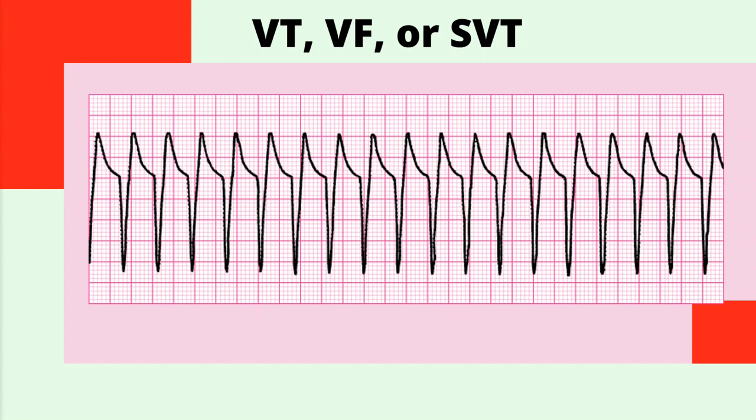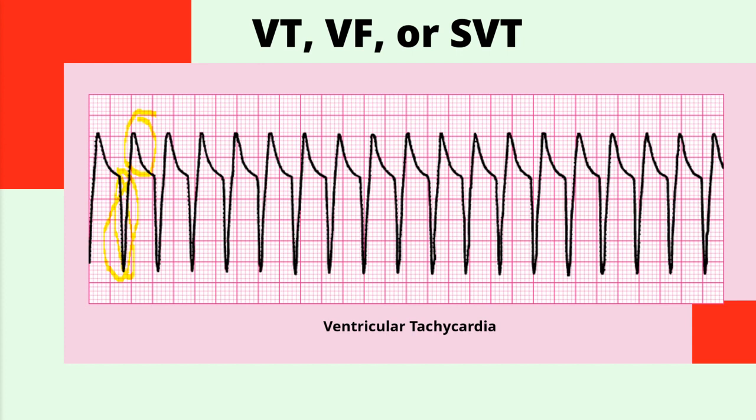But when you look at the shapes of this QRS complex, it is 100% going in one direction. It's just an S wave, and your T waves are up here going the opposite direction.